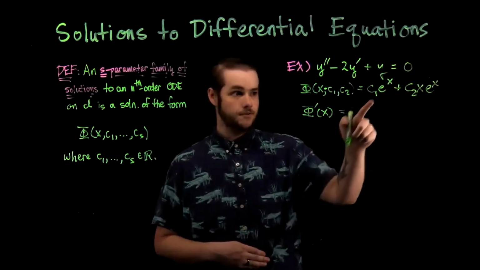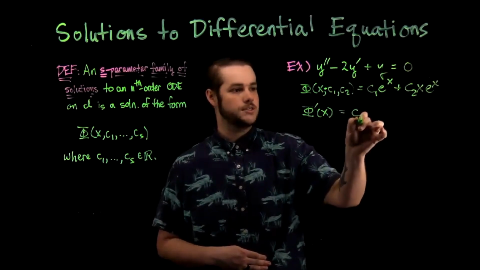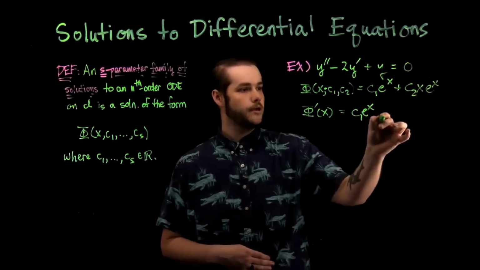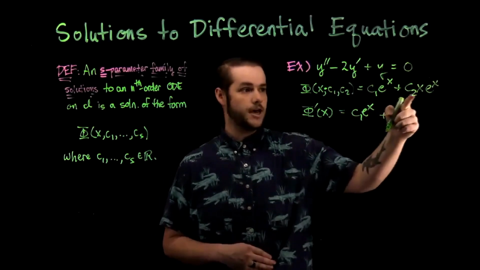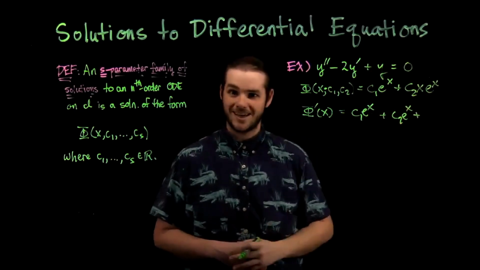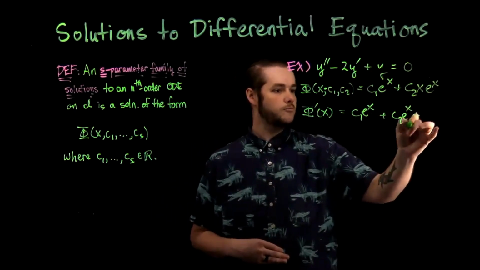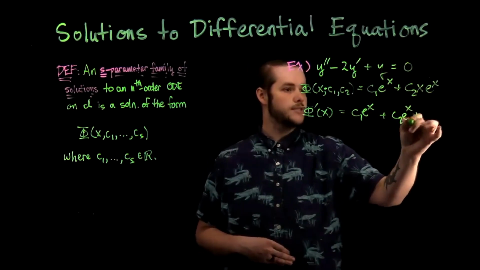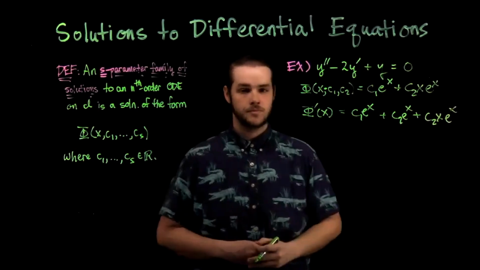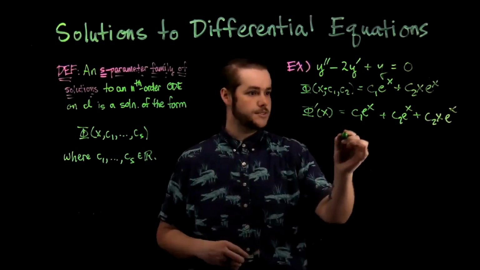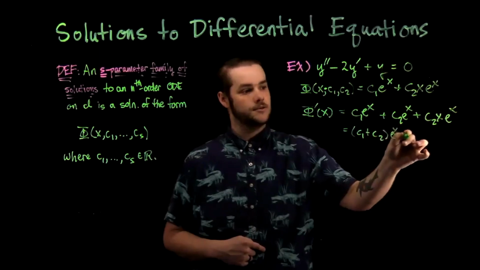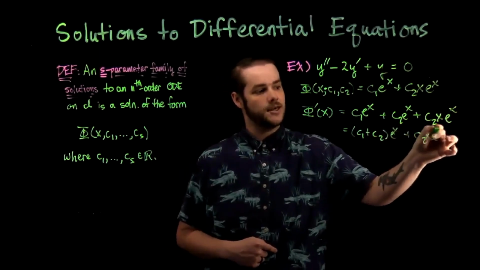So the first derivative, this guy is straightforward. It's just c1 e to the x. Over here, though, I've got to use the product rule. I will get the derivative of the first guy, which is just c2 e to the x, plus the derivative of the second guy, which is just e to the x. So I will get c2 x e to the x, or to simplify that, I get c1 plus c2 e to the x plus c2 x e to the x.